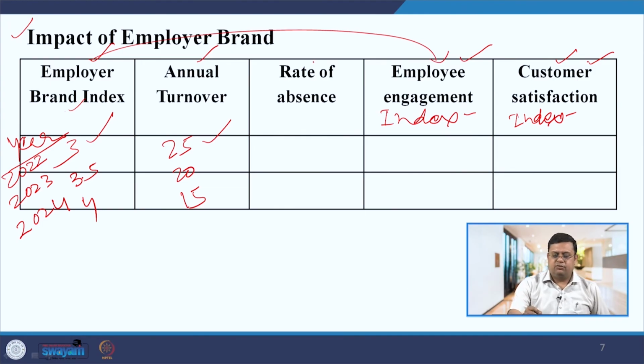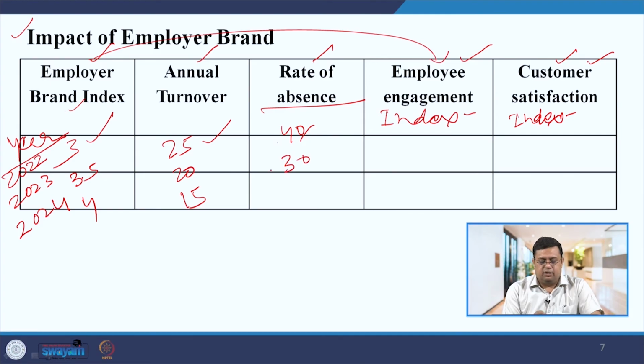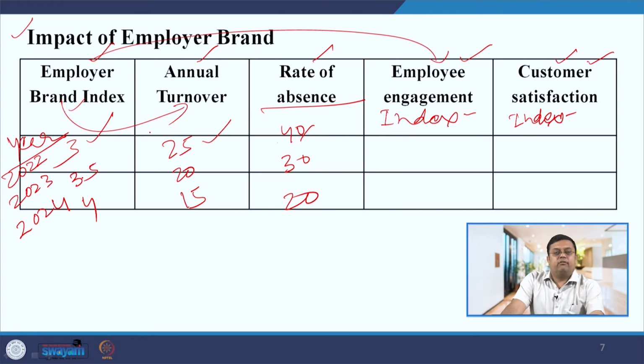In the same way, the rate of absence, you can also calculate in terms of numbers, what was the average absent rate during 2022. So, let us say it is 40, then it became 30 and then it became 20. So, it clearly indicates that this employer brand index is having a relationship with the annual turnover and rate of absence, right.